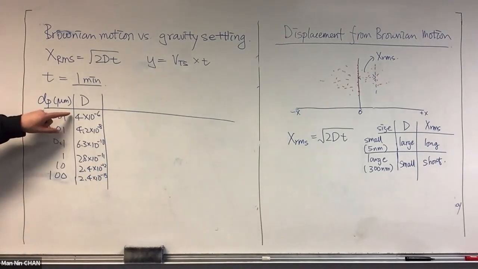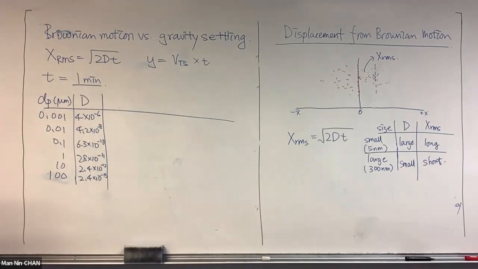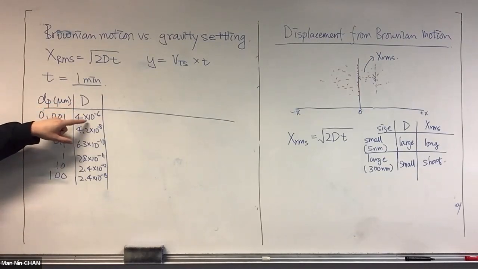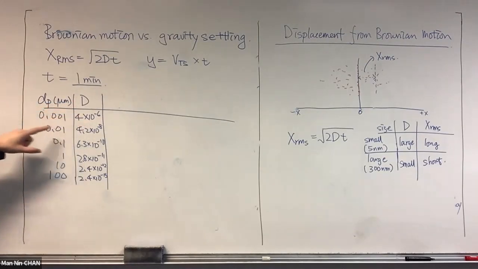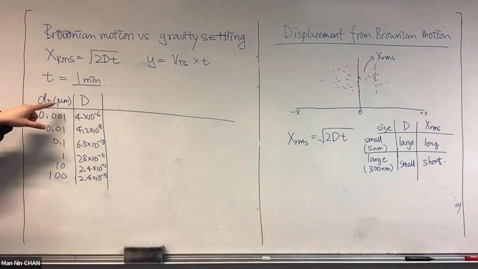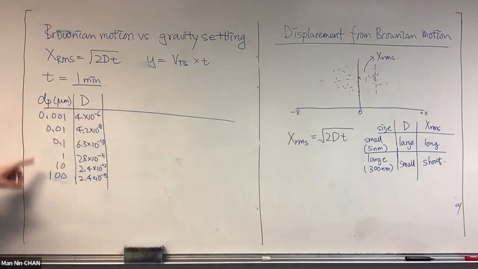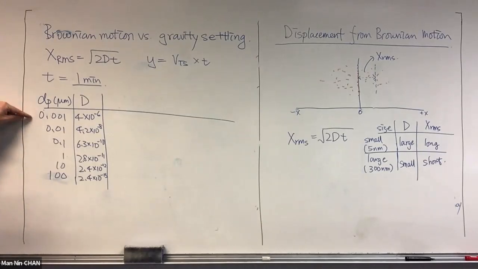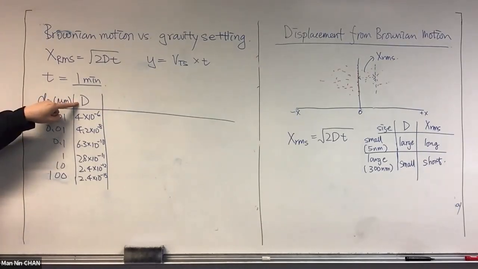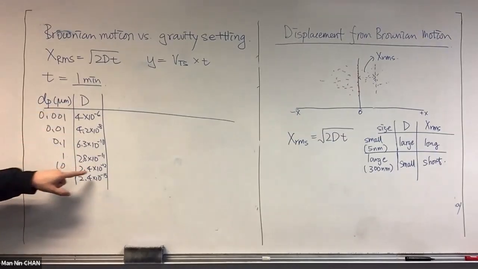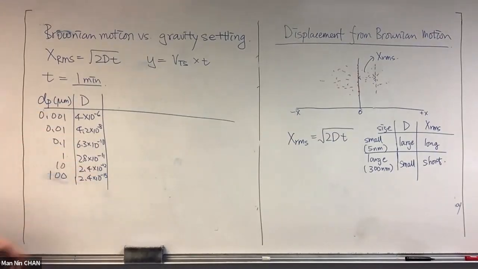You don't need to worry too much about the exact number, but if you look at the order of magnitude, of course, for smaller particles you will have a larger diffusion coefficient. If you go down to 0.001 micron, your diffusion coefficient is 10 to the minus 6. But when your size increases, the diffusion coefficient will decrease, and for PM10 it now becomes 10 to the power minus 12.